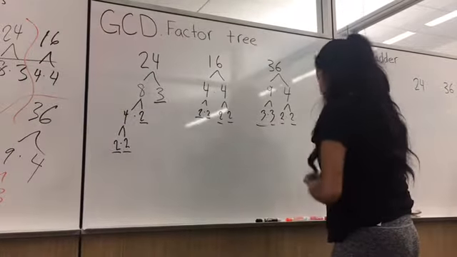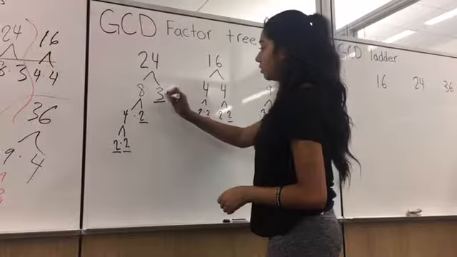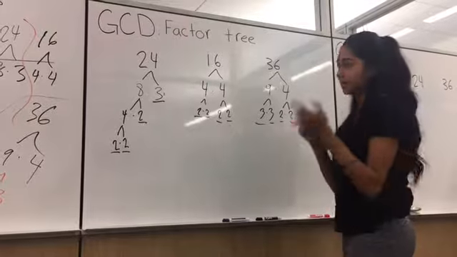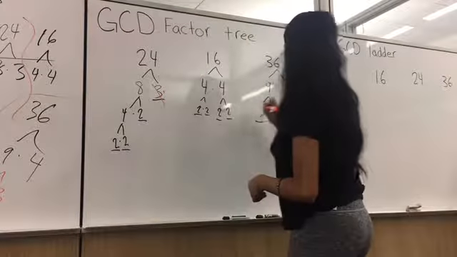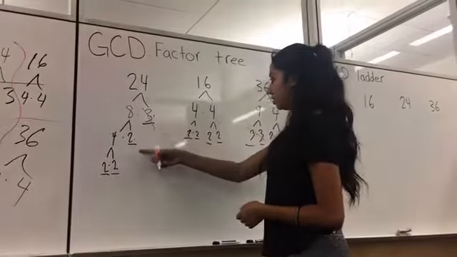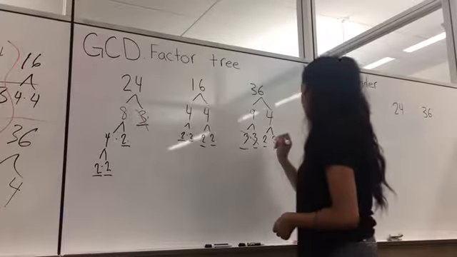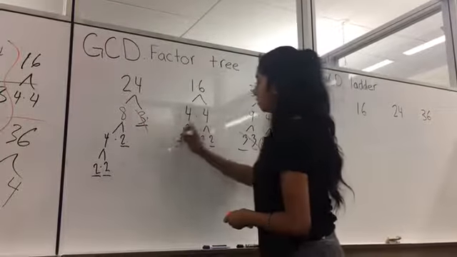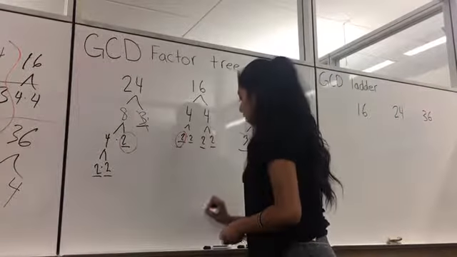Okay, so I'm going to check to see if there's a 3 in each of them. There's a 3 here, there's no 3 here, and there's a 3 here. So we need the number to be in each of them, so I can cross out all 3's. And then I'm going to check my next number, which is a 2. There's a 2 here, there's a 2 here, and there's another 2 here. So I can circle that, and then take out a 2 since it's in all 3 of them.